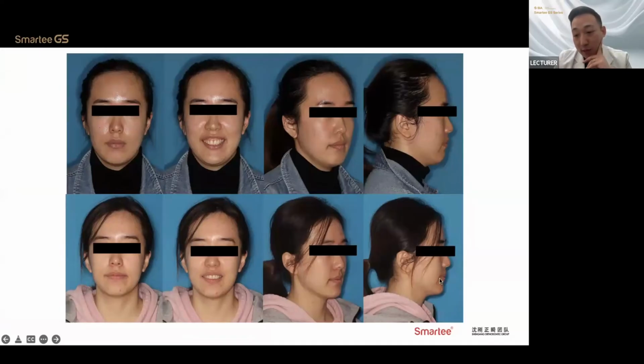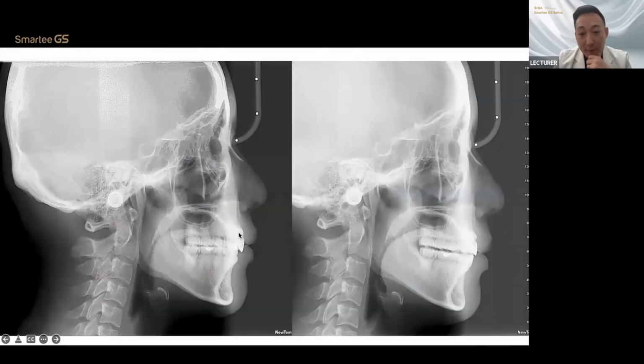In the profile, the mandible we moved forward, and you can see the chin much clearer, and we have a very beautiful profile here. From the side, you can see at the very beginning the incisor had the elongation problem, and after we intruded the incisors, we have a very good connection of the incisors here.